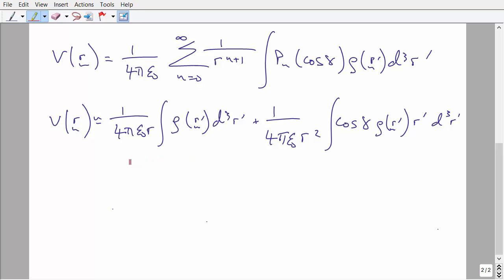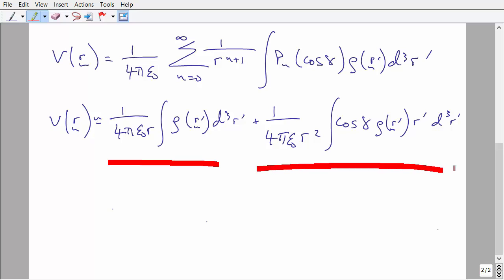This one here you'll recognize as just our usual monopole term for the potential, and this is a contribution from the electric dipole that we studied earlier. You'll notice I've written an approximately equal sign here because I've chopped off the higher order terms in this expansion.